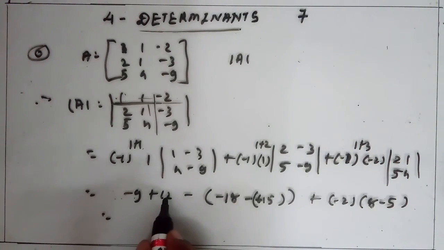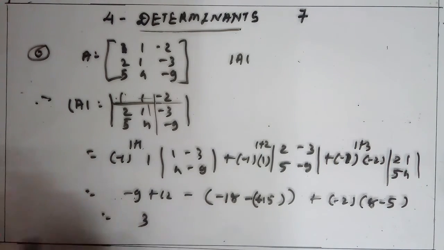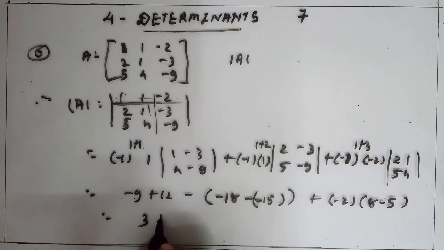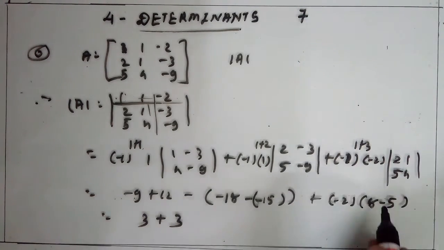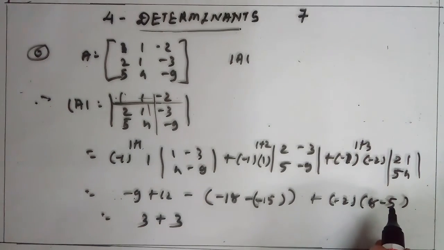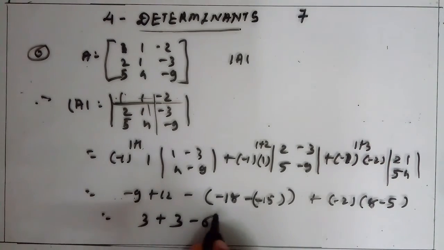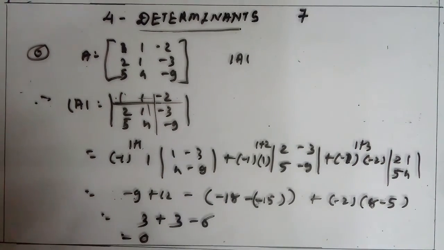Now simplify this. 12 minus 9 is equal to 3. Here minus 15, minus minus plus 15, minus 18 plus 15 becomes minus 3, and this becomes minus minus plus 3. Here 8 minus 5 becomes 3, into minus 2 becomes minus 6. So it is equal to 0. Clear?